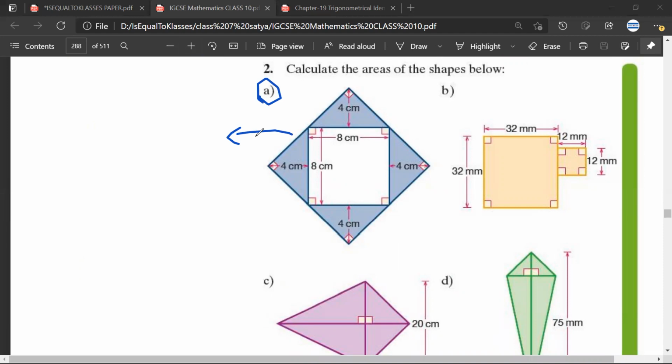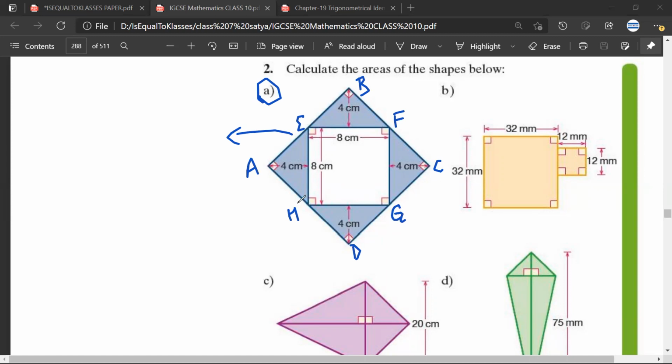First I gave all the side triangles a letter. So I gave A, B, C, D and the E part in the middle. So area A is equal to 1 upon 2 into 8 into 4, which would be equal to 16 centimeters square. And then we have to add all 4 of them.